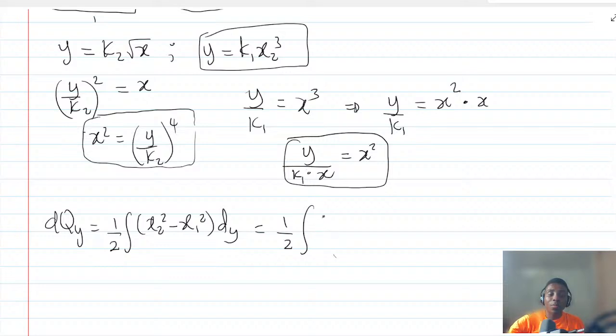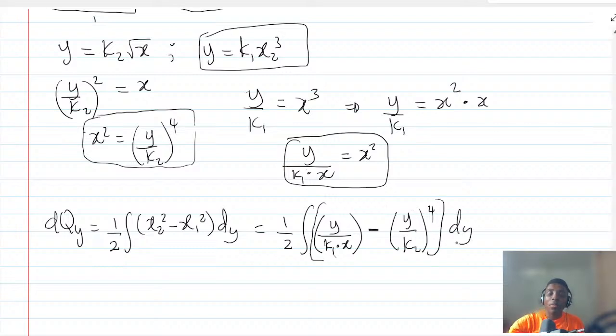So then it's going to be y divided by k1 multiplied by x, and then minus y to the power 4 divided by k2, okay, y divided by k2 to the power 4, and whatever we have here in brackets.